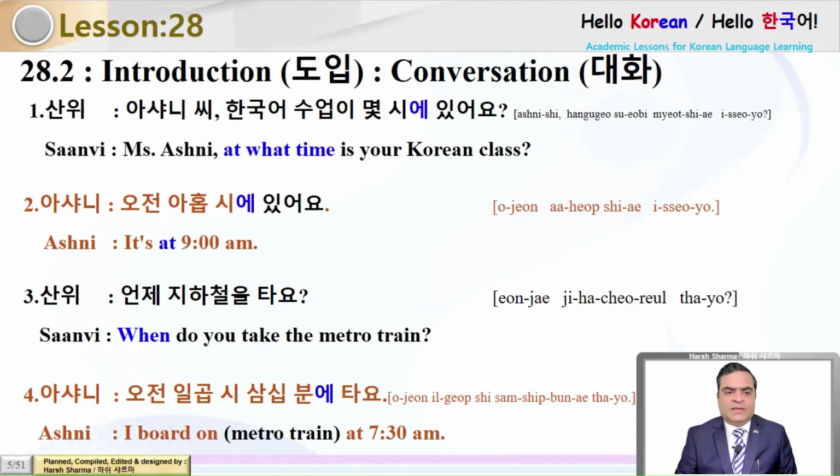Number 3. 언제 지하철을 타요? Number 4, 오전 7시 30분에 타요. If we see these 4 sentences, there is one grammar, time marker 에, used to tell the time, 여러분.